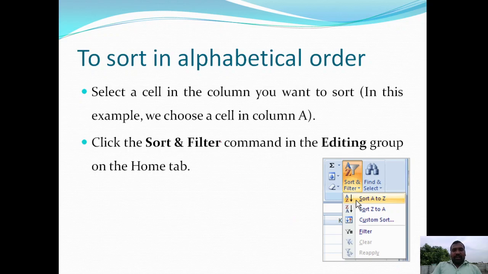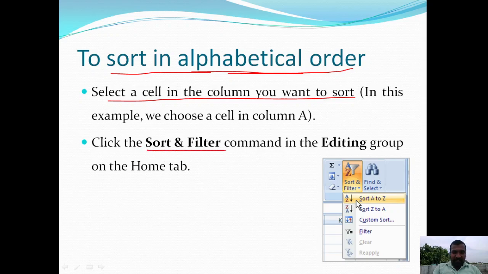Let us discuss the basic one, alphabetical ordering, and how to perform it. Select a cell in the column you want to sort. Then click on the Sort and Filter command.